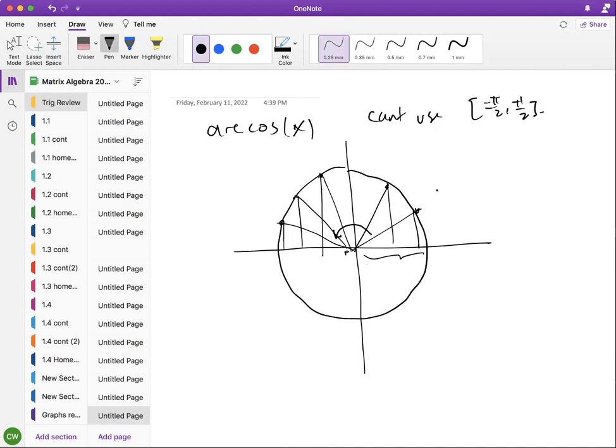So in 0 to pi, cosine is 1 to 1 and encompasses all x values on the unit circle.